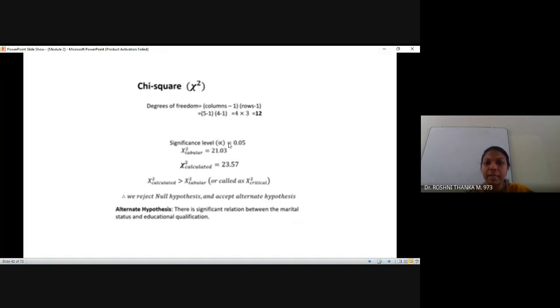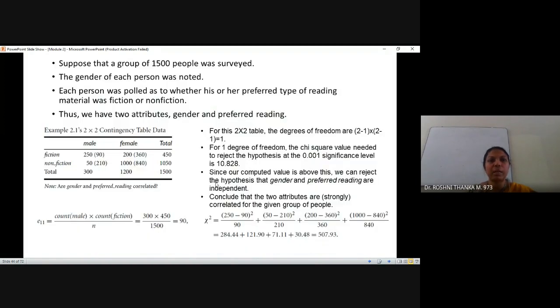If it is greater, then we have to reject the null hypothesis and accept the alternate hypothesis. The null hypothesis we took is that there is no relationship between these two variables. So we accept the alternate hypothesis, which means we now say there is a relationship between these two variables. Let us see a simple example so that you will understand very clearly.